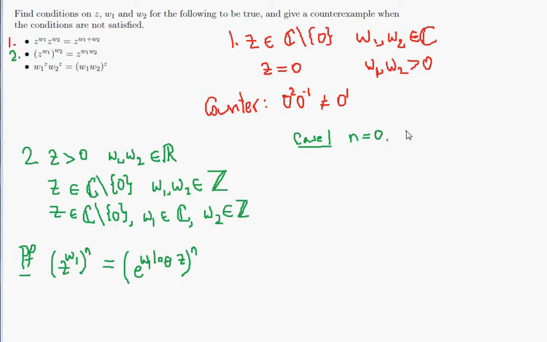If you have z to the w1 to the 0, anything to the 0 is equal to 1, and that's the same thing as z to the w1 times 0. So that's clearly correct. Case 2.